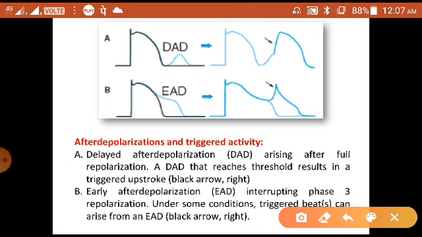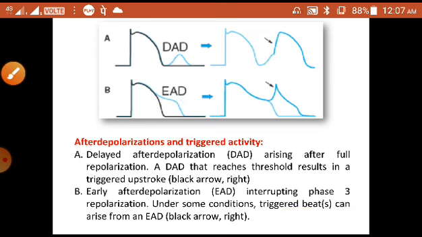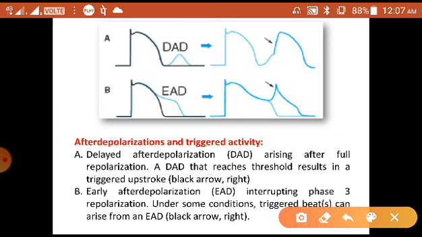Then the term early comes. When we say early, it means that after the first depolarization, the second depolarization came early. When the second depolarization comes early, we call it an early afterdepolarization.